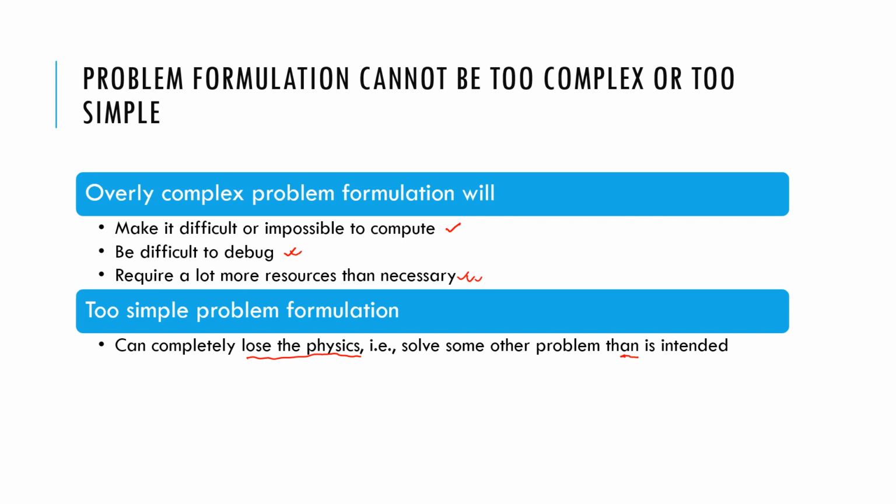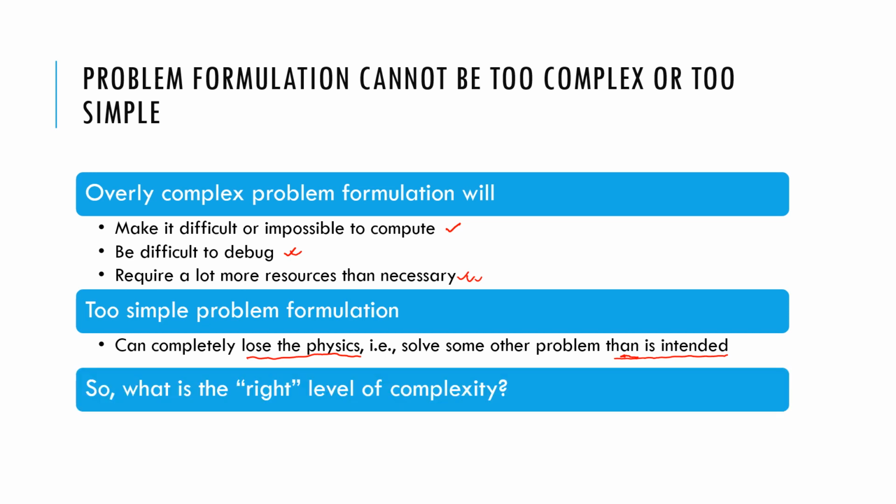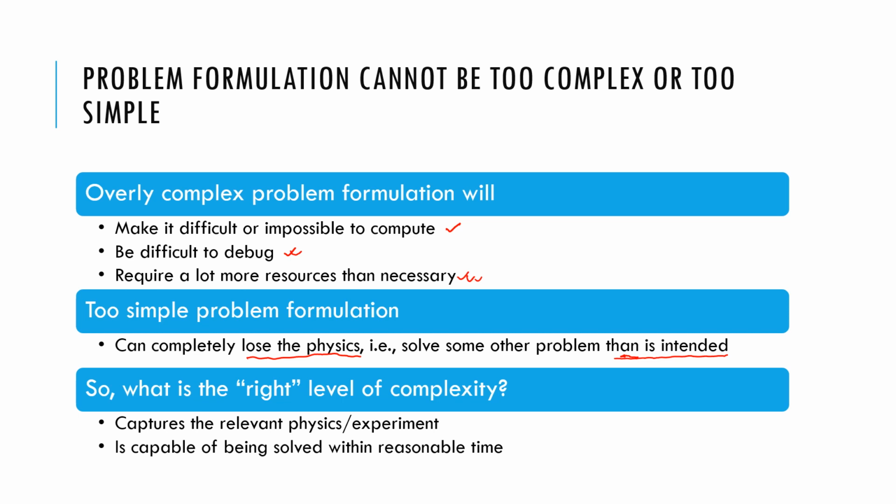You solve some other problem than is really intended. If we simplify it too much, it's not even addressing what we were hoping to address. So what is the right level of complexity? It captures the relevant physics or the experiment and is capable of being solved within a reasonable time.